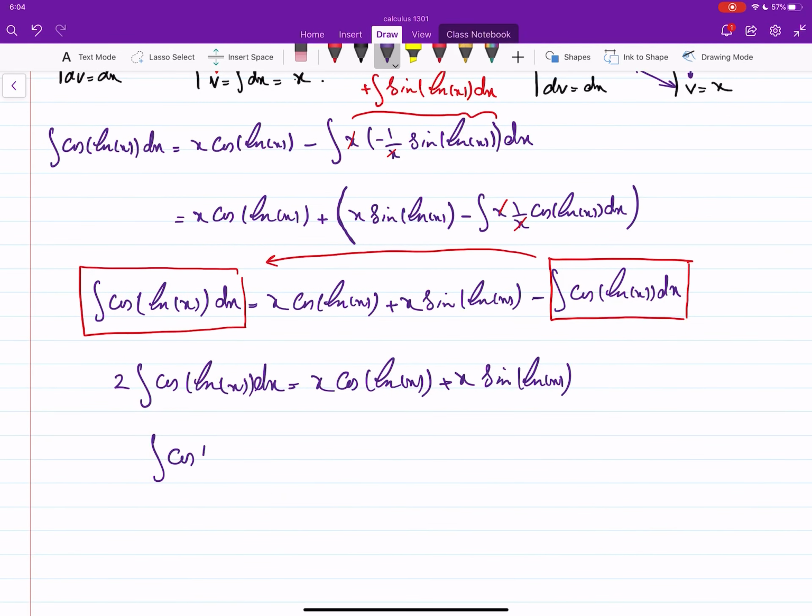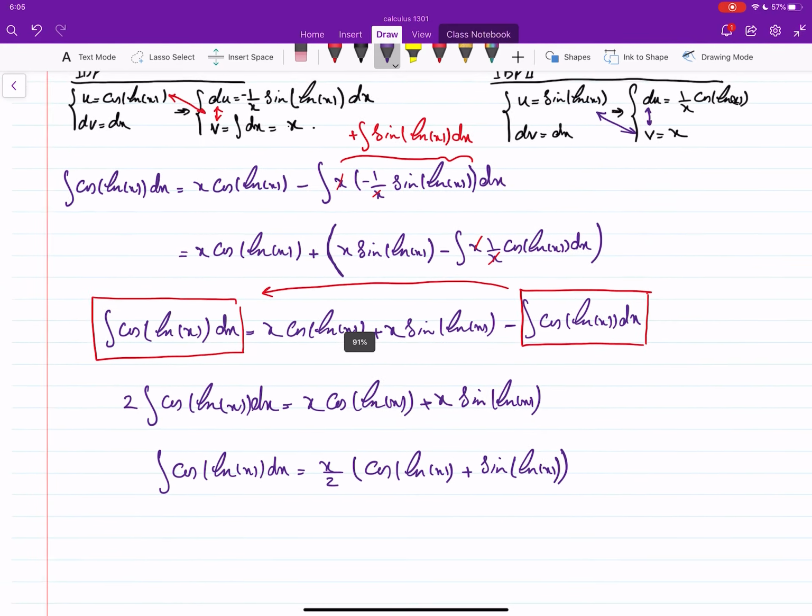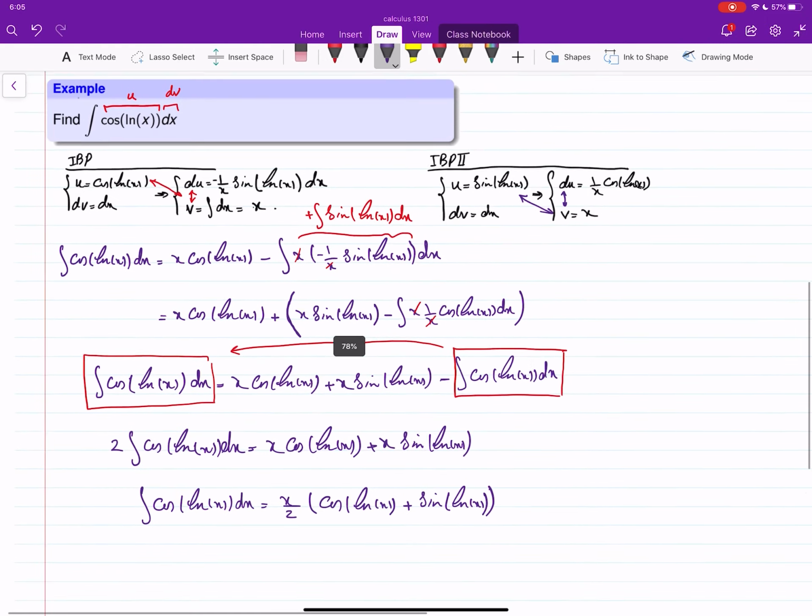So the integral of cosine ln x dx is equal to x over 2, and I factor out cosine of ln x plus sine of ln x. This way we applied the double IBP trick, and we found the integral of cosine ln x.